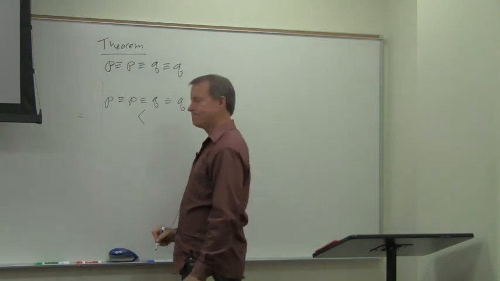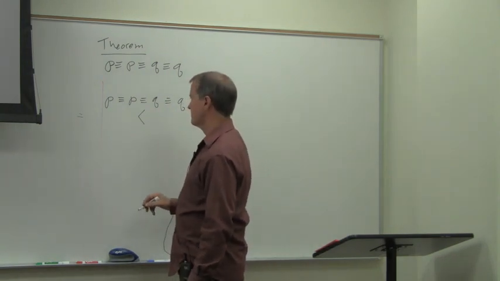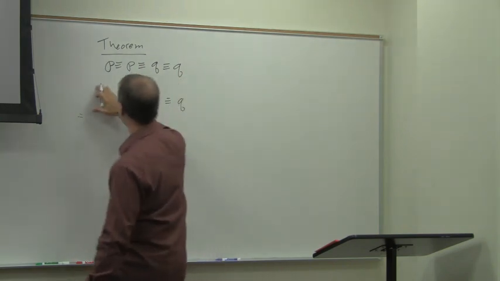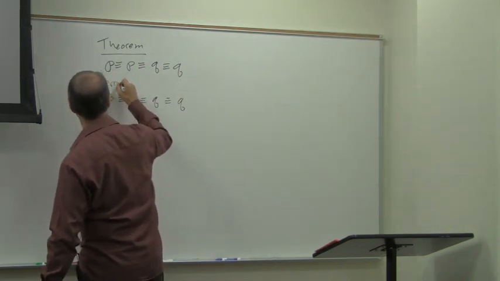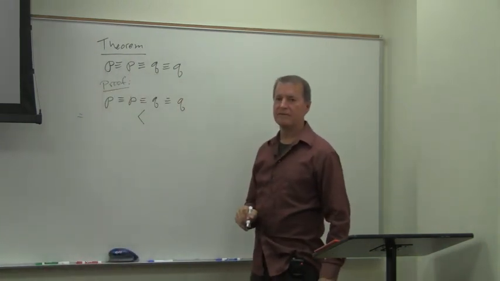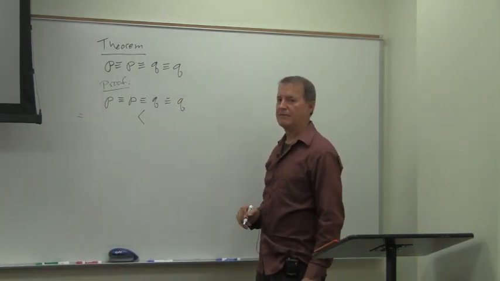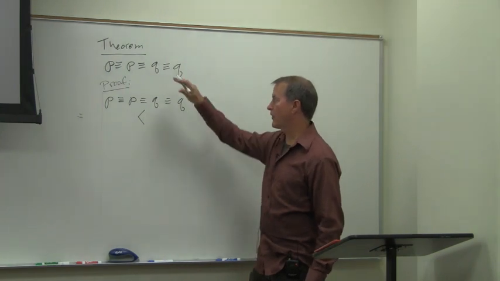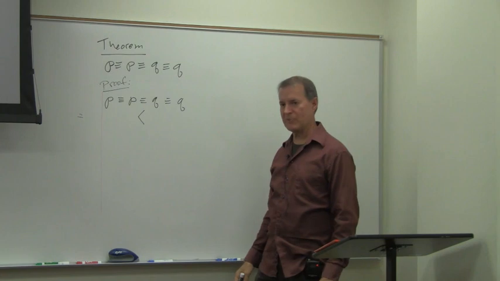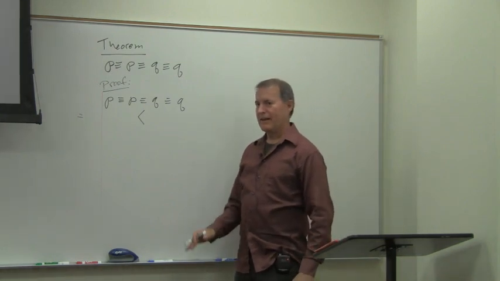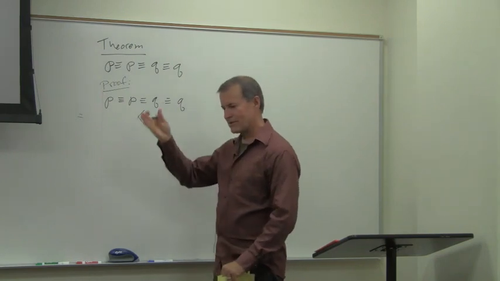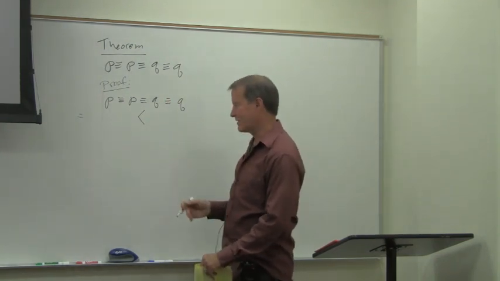Why did you write the same thing twice? Oh, this is the theorem, and this is the proof. Got it. So theorem, boom. Proof, we start with the theorem. All right, is everybody clear? Now, we're going to use those three properties that we saw before: Leibniz, transitivity, substitution.